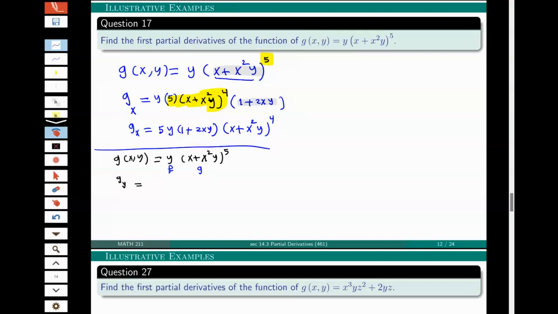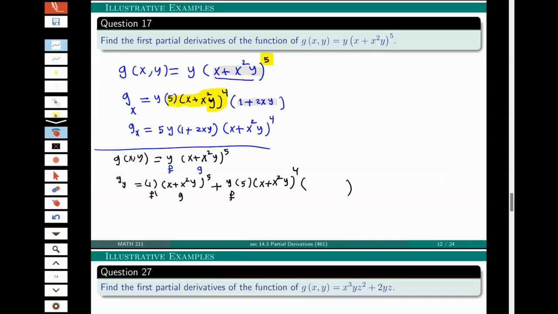A derivative of the first, which is y, a derivative of y is 1. That's the derivative of the first times the second, x plus x squared y to the power 5, plus the first, which is y. A derivative of the second, we have to apply the chain rule again. It will be derivative of the outside, 5 times x plus x squared y to the power 4.